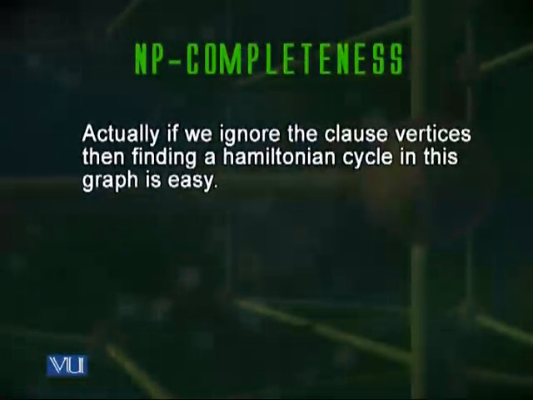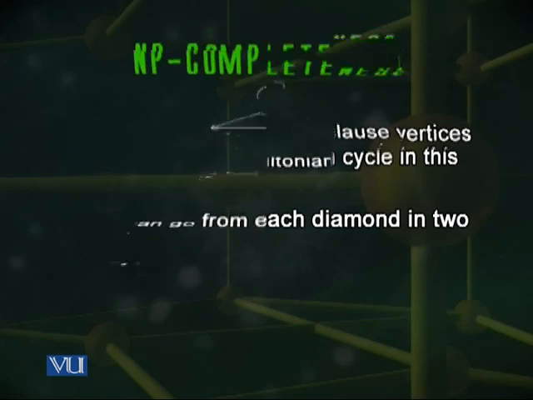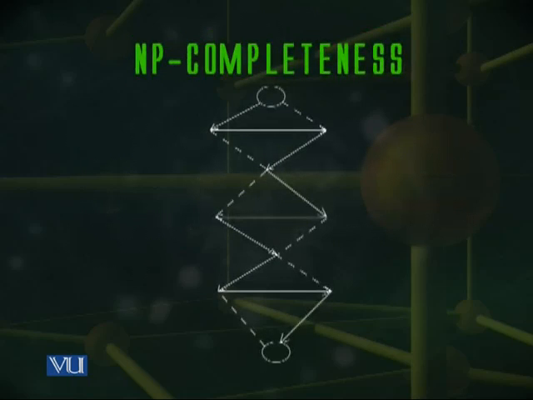Actually, if we ignore the clause vertices, then finding a Hamiltonian path in this graph from S to T is very easy. We can go through each diamond in two ways. Let's look at a picture of a diamond. There are two ways to go through a diamond. We can start from the vertex, go to the left, and then traverse all the edges of this diamond and come back.